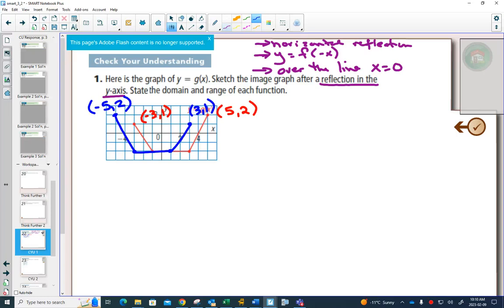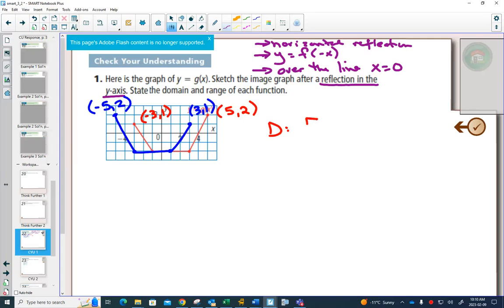Now we have to do the domain and range of each function, so I'll do the red one first. Like I said, as we get going now, I'm going to start switching between interval notation and set notation. This time I'm going to do both the domain and range in interval notation. For the domain, we always start with, is there a smallest x value for the red graph?